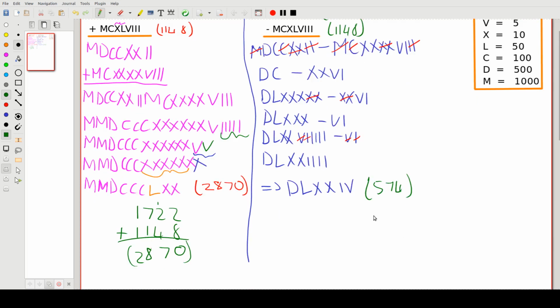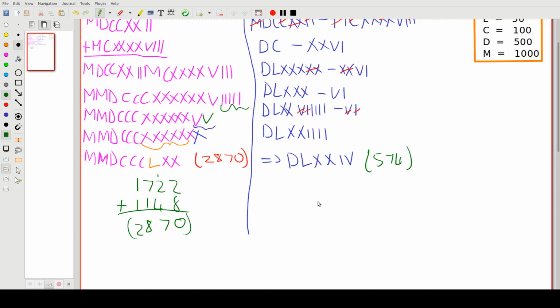574. And let's do the subtraction, primary school style. 1722 minus 1148. Okay, so the 2 cannot subtract, we have to go borrow, so that becomes a 12, and this becomes a 1.